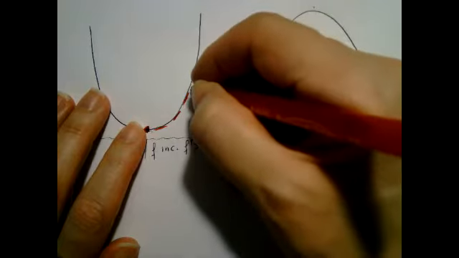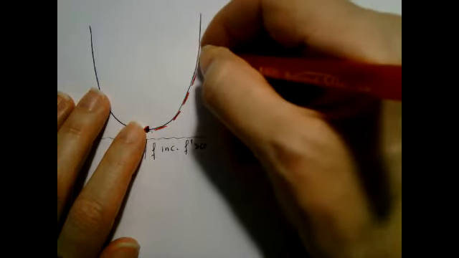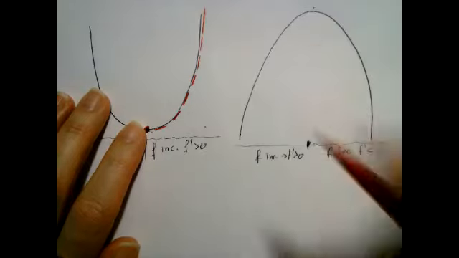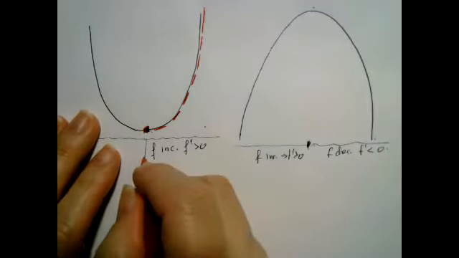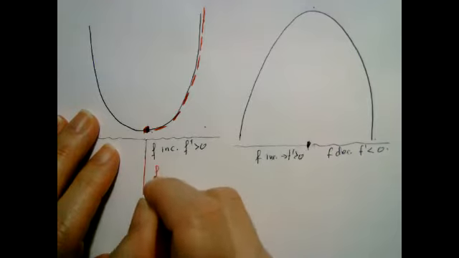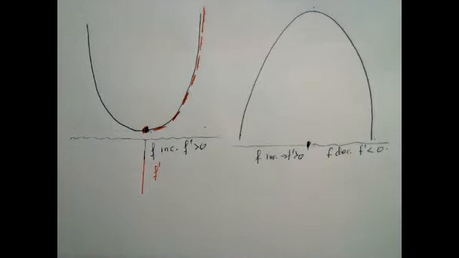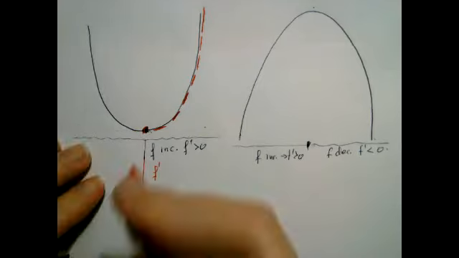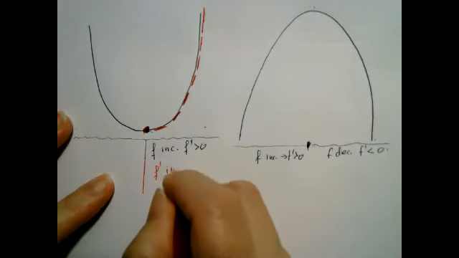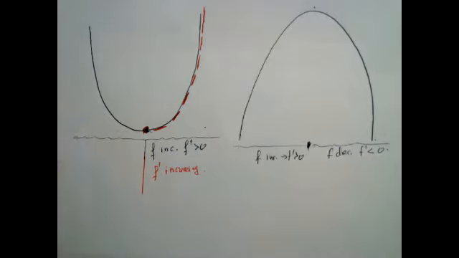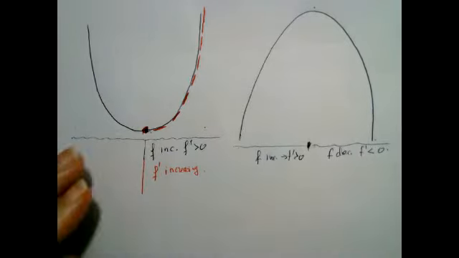Here, f prime, increasing or decreasing? Now I want answers. Increasing. So the derivative now is increasing. If you sketch the graph of the derivative, we get an increasing graph.